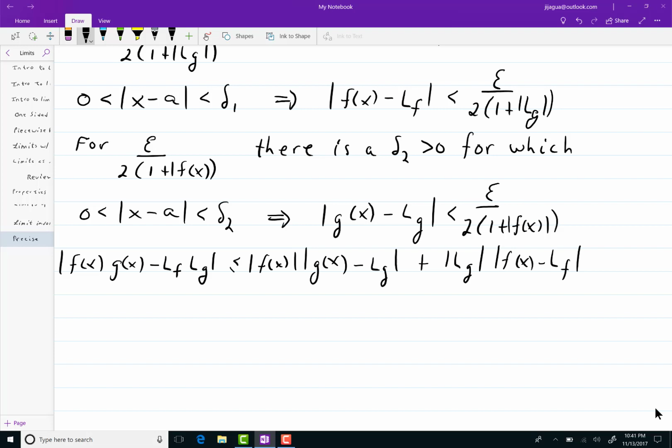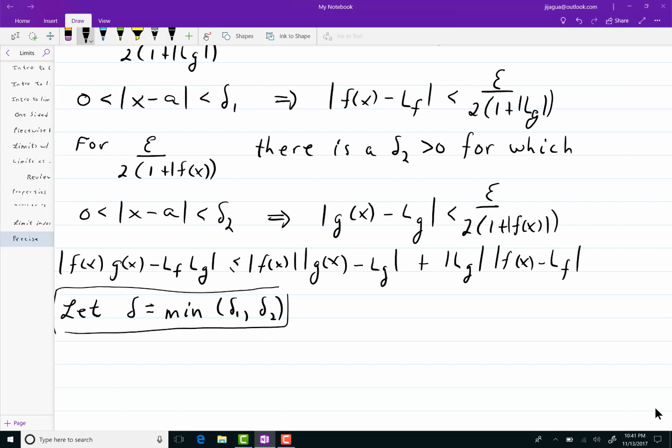All right, now, if I allow for my choice of delta, let delta equal the minimum of delta 1, delta 2. That ensures that both of the inequalities involving epsilon that I had before, this one and this one, will hold true, because this delta is less than or equal to the two that I've chosen.